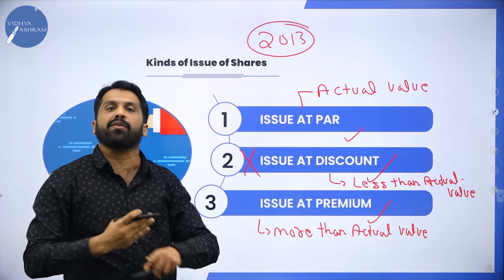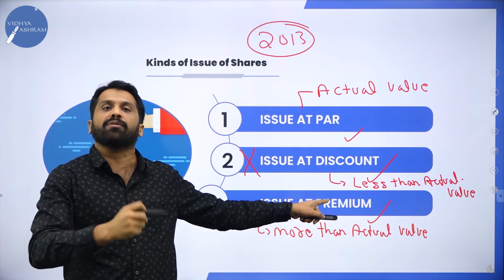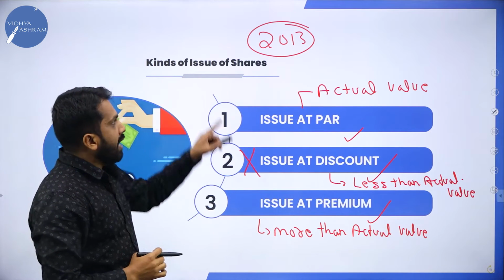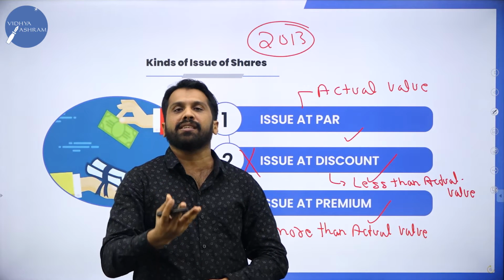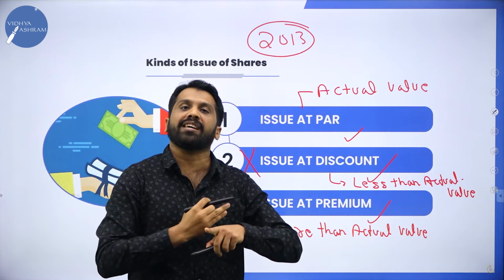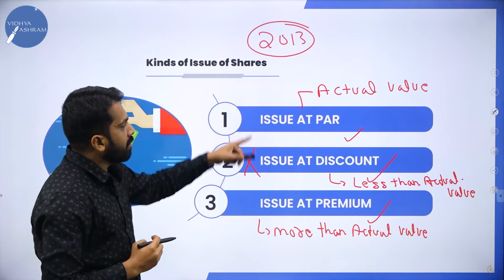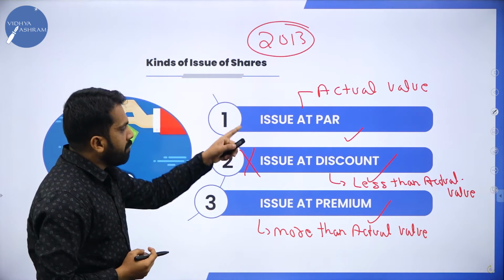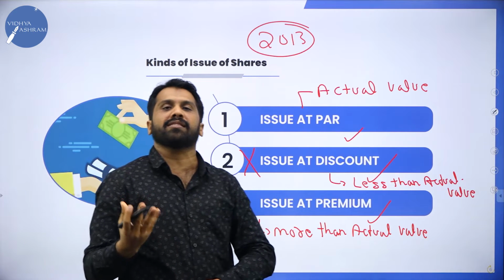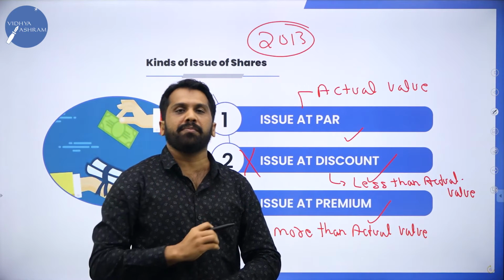If you get any problems on discount, you have to work them out, but as per the Companies Act 2013, issue of shares at discount is abolished, removed. Now we have only two types, par and premium. Now we will understand what is par, what is discount and what is premium.